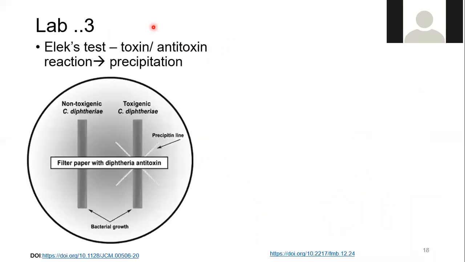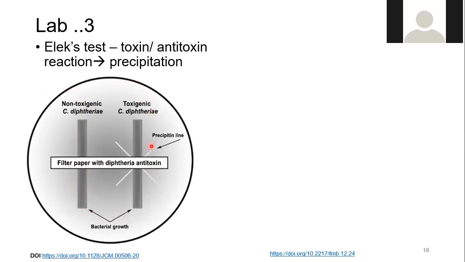So what are other methods of making diagnosis? We have the Elek test, which is a toxin antitoxin reaction. So you take a filter paper and soak it with diphtheria antitoxin, and then at right angles to the filter paper, you inoculate either your control positive and negative, or your test organism.